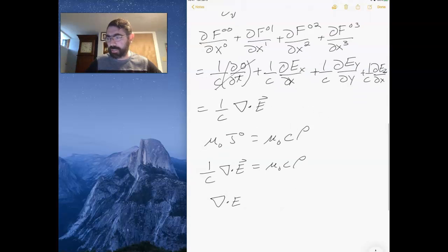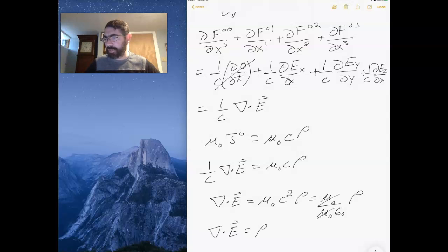Divergence of E is equal to μ0 c² ρ, which is μ0 times 1 over μ0 ε0 times ρ. The μ0's cancel. And what I get is Maxwell's first equation. So setting the index μ equal to 0 gives us Maxwell's first equation.